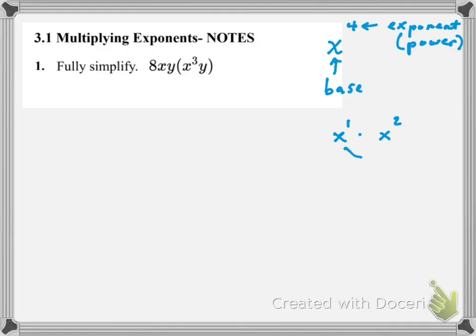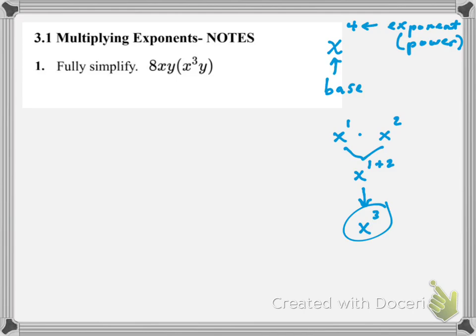So what that does is when you're multiplying and you have the same base, you can add the exponents together, okay? So x to the 1 plus 2 power, 1 plus 2 is 3, okay? Now that's only for multiplication, and that's all we're talking about in this section.